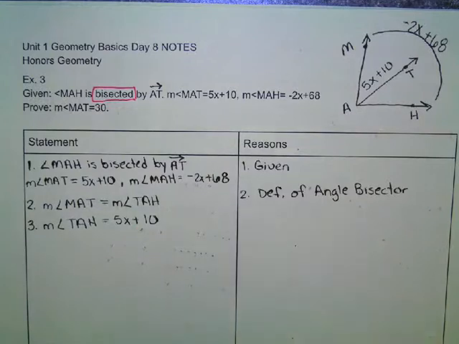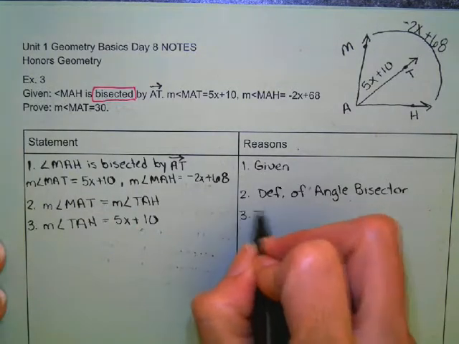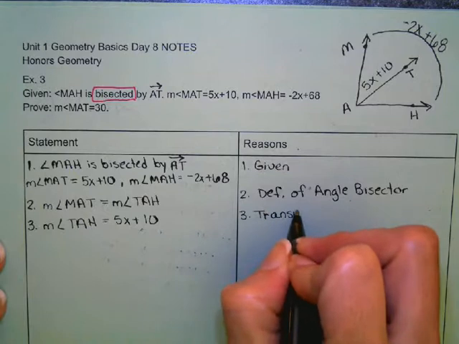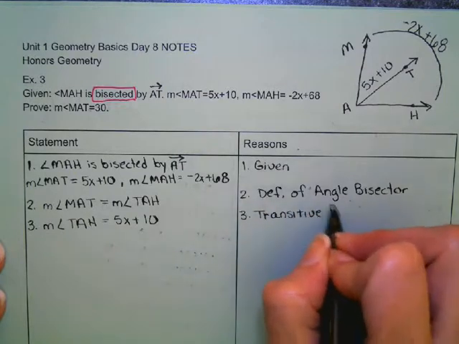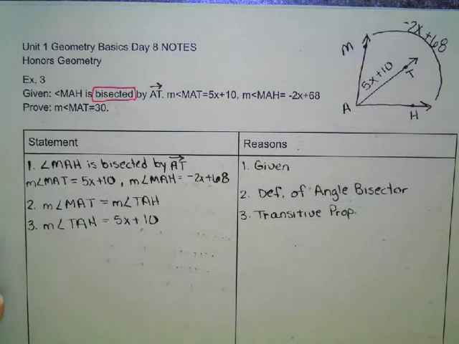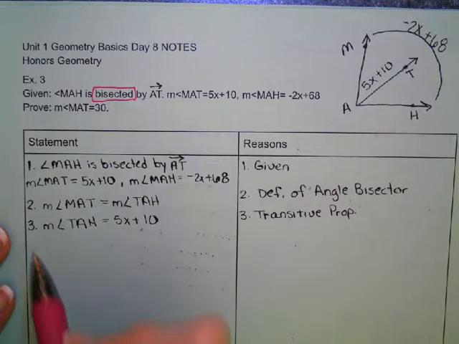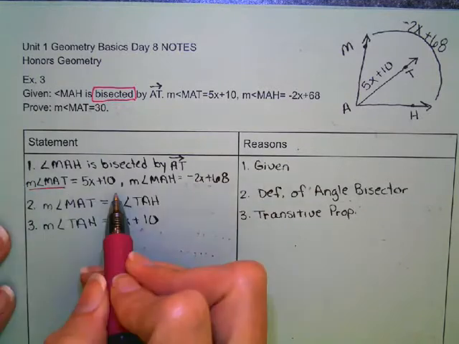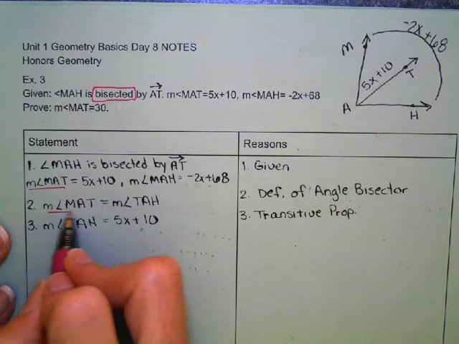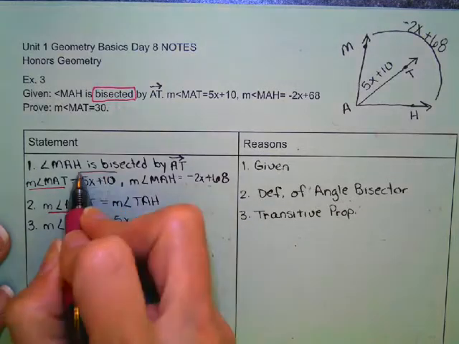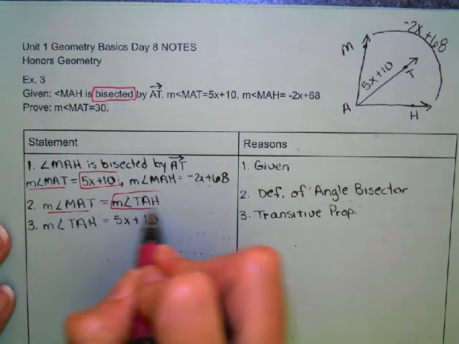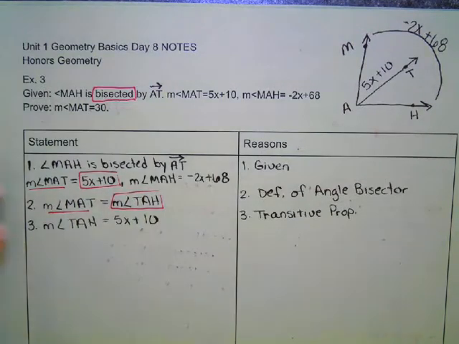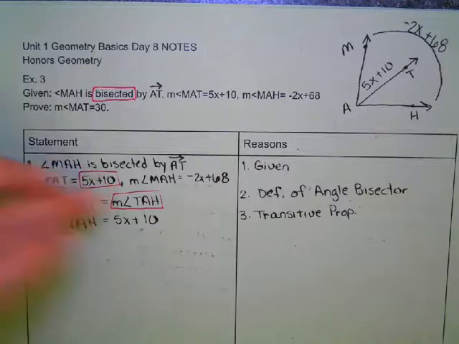This is what we call the transitive property. What the transitive property means is if I have MAT is equal to 5x plus 10, and MAT is equal to TAH, the transitive property says if these two things are both equal to the same thing, these have to be equal.